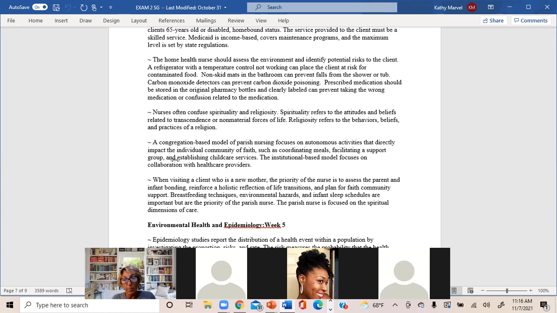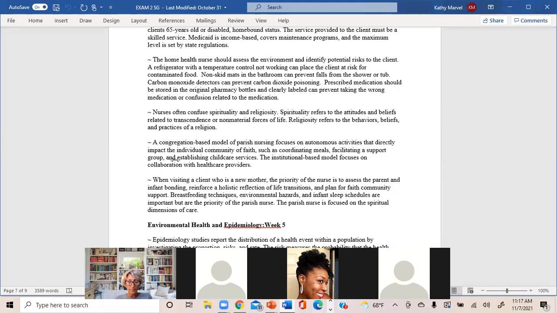Then the institutional base simply means that they're going to collaborate out in the community, work with medical care facilities, hospitals, collaborate with them to provide those services. Does that make sense? So then it becomes an outreach of the congregation, which is the institutional based model.